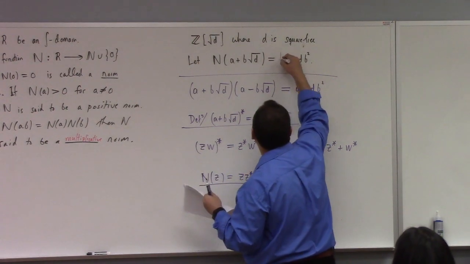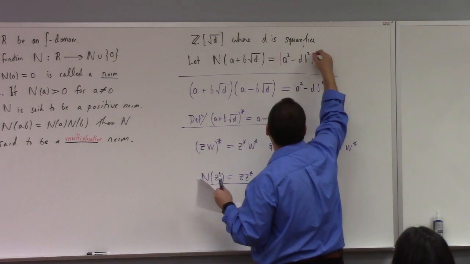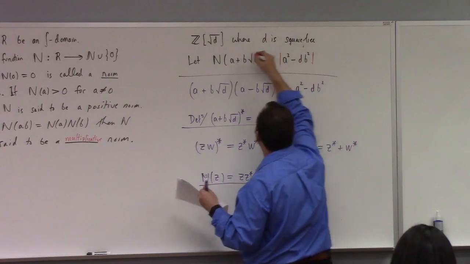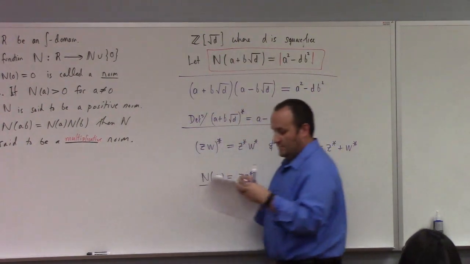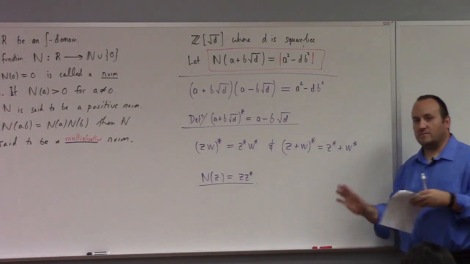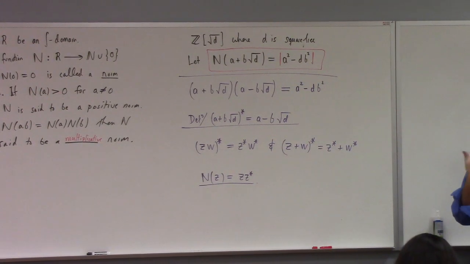I'm supposed to take the absolute value of that. Sorry about that. In the case that D is negative, that doesn't matter because it's the modulus squared, which we know is non-negative. But in the case that D was positive, that kind of ring, we need the absolute value.